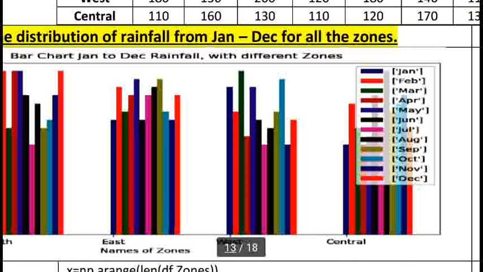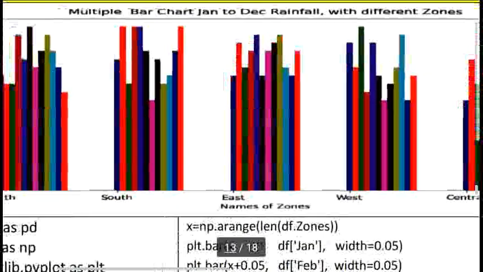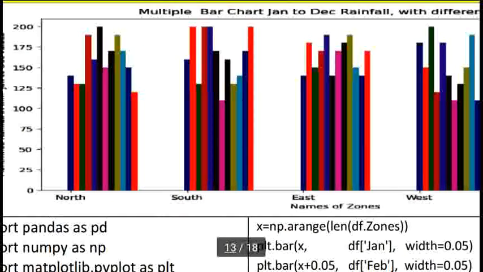Different colors represent a particular month's rainfall data. So we can easily analyse in the north region what is minimum and what is maximum in a particular month. Zone wise you can easily analyse.